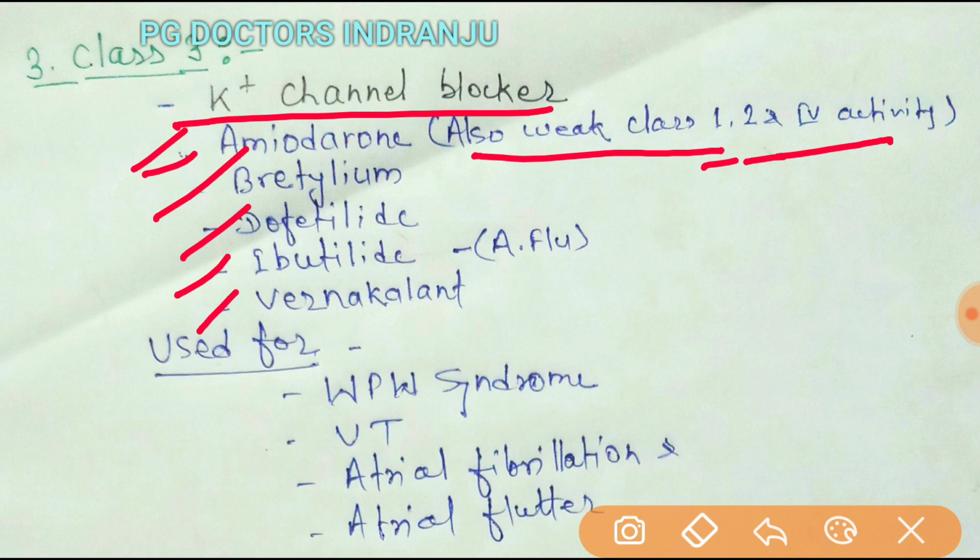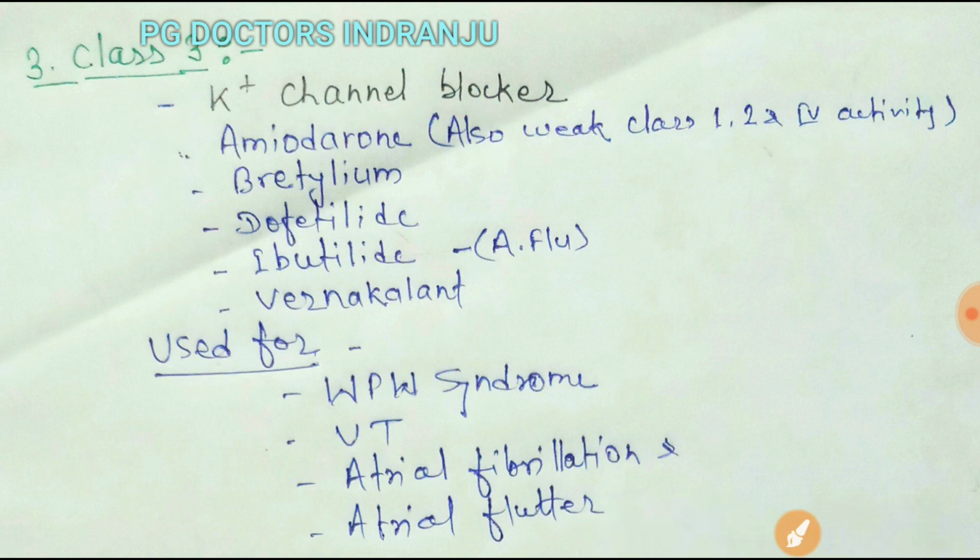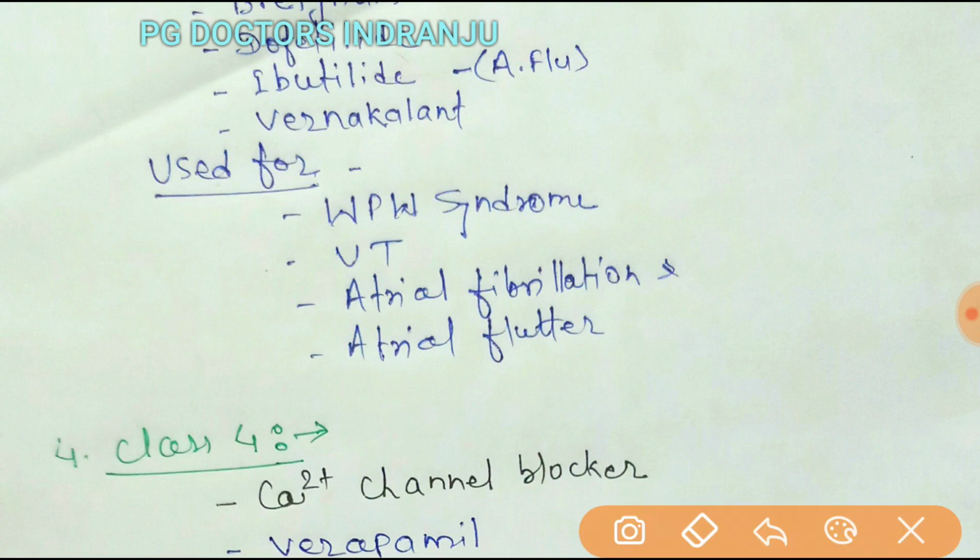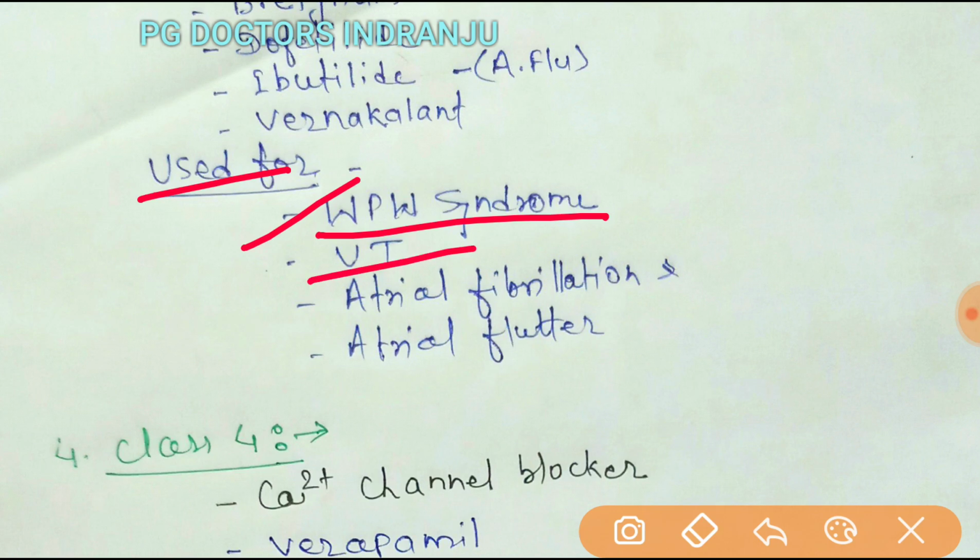That means amiodarone is included in all 4 classes, but it is mainly a class 3 drug, while it is weakly a class 1, class 2, and class 4 drug. And ibutilide is used mainly for atrial flutter. The uses of class 3 drugs are in Wolff-Parkinson-White syndrome, ventricular tachyarrhythmia, atrial fibrillation, and atrial flutter.